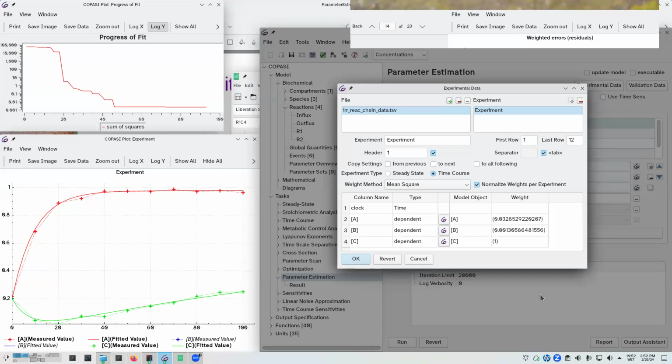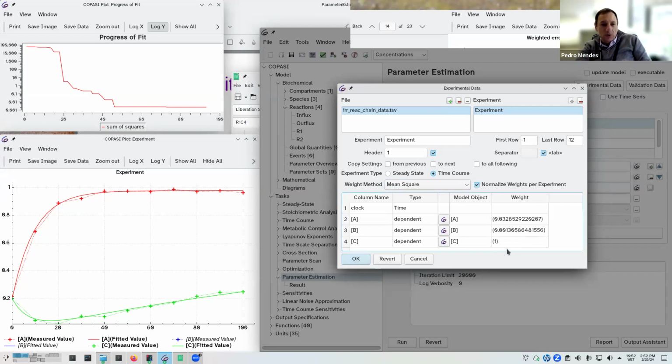So what the software will do is create a very large, very long sum of squares of residuals. And the question is how it weighs them, right? Because if in some experiments you have values that are much different than other experiments, you may or may not want to normalize everything. So in this case, we actually have this tick as normalized weights per experiment.